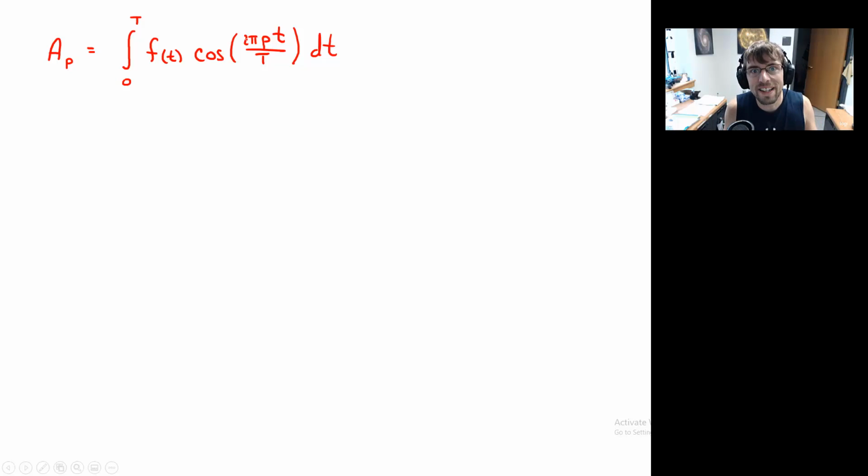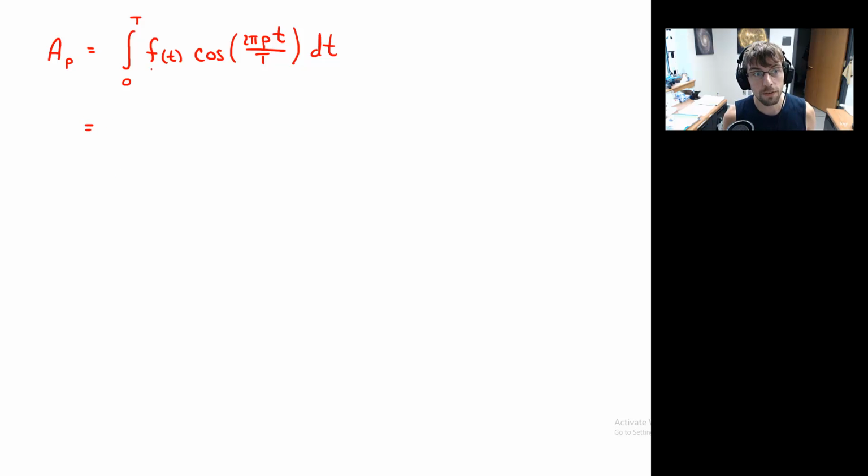So as I've already hinted at, the big issue here is finding those coefficients a and b. So let's go ahead and see what we get for the a coefficients. Now remember, we've defined this as being the integral from 0 to T of our function multiplied by cosine of 2 pi p t over T, dt. Now, because we have a piecewise function, I'm going to have to break this up into two pieces.